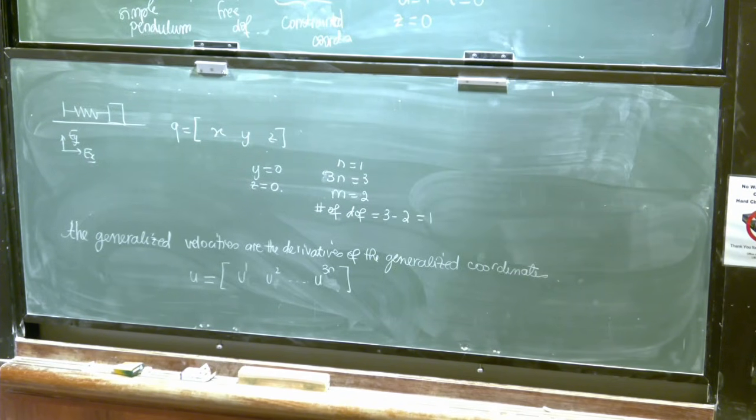I'm going to take my origin O to be at the free end of the spring, at the mass M, when the spring is unstretched.